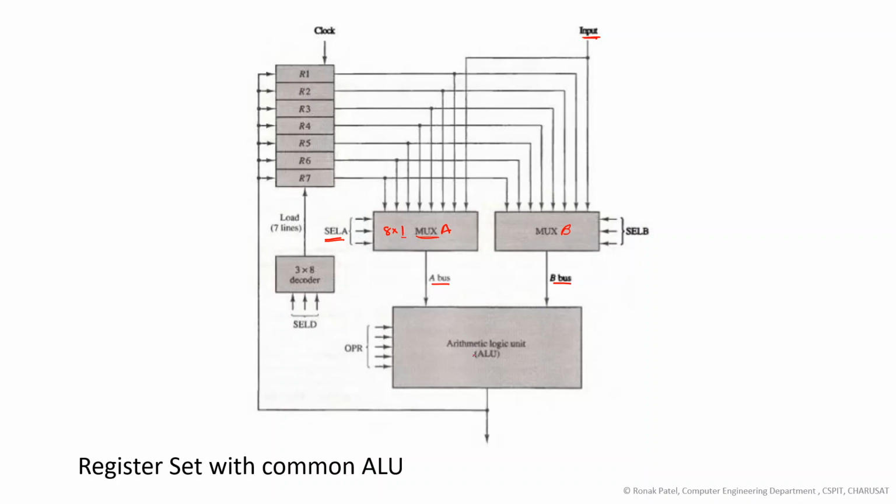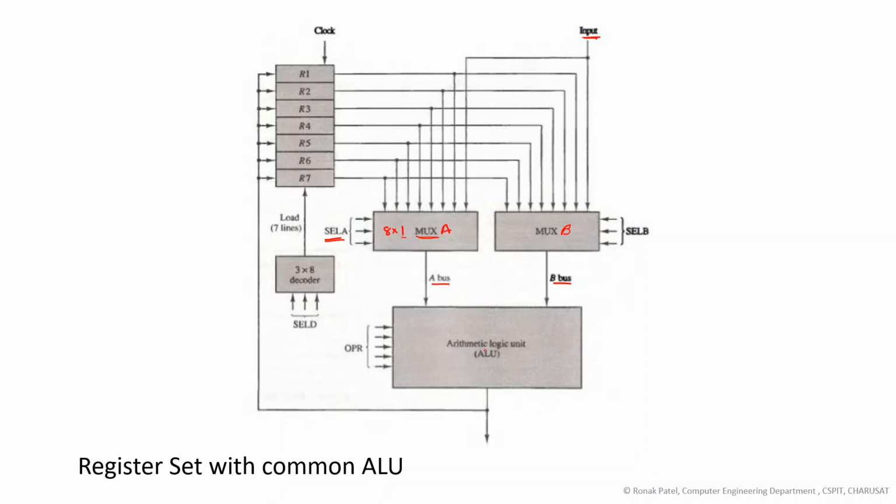Now your ALU, the arithmetic and logic unit, has the data. Now you need to perform an operation, arithmetic or logic. Based on this operation, there are 5 lines. Arithmetic and logical operations can be performed through this ALU.